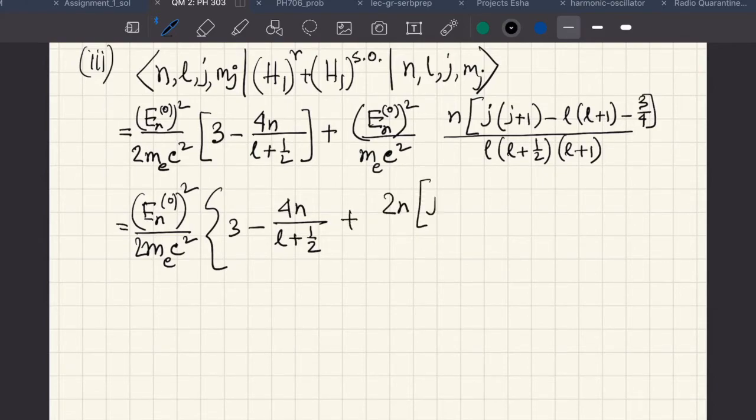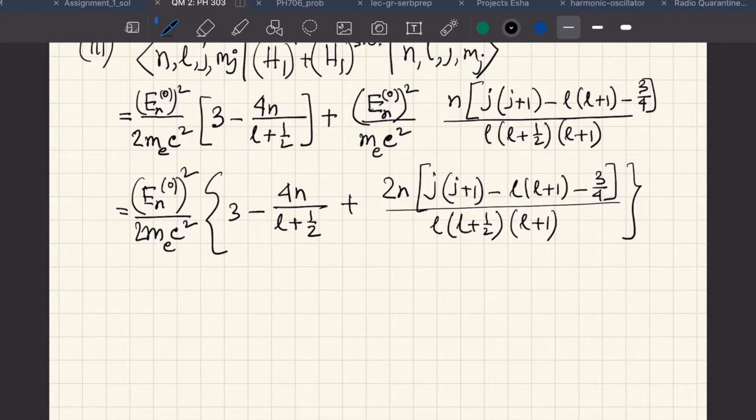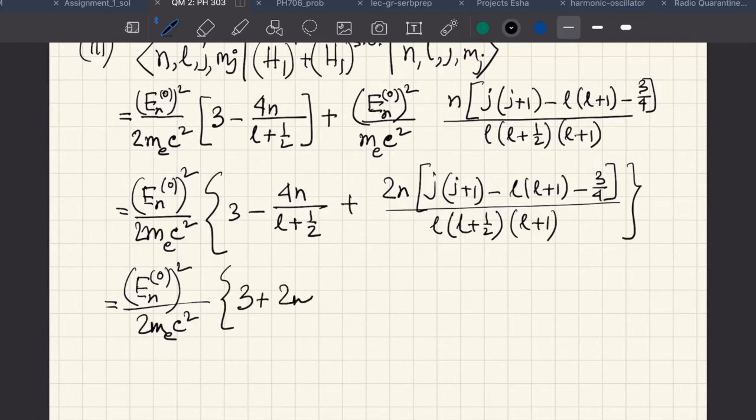So this is just j into j plus 1 minus L into L plus 1 minus 3/4 divided by L into L plus half into L plus 1. That's it. Now we can simplify it even more. So this is En0 square by 2 MEC squared into 3 plus, let us write it like 2n.